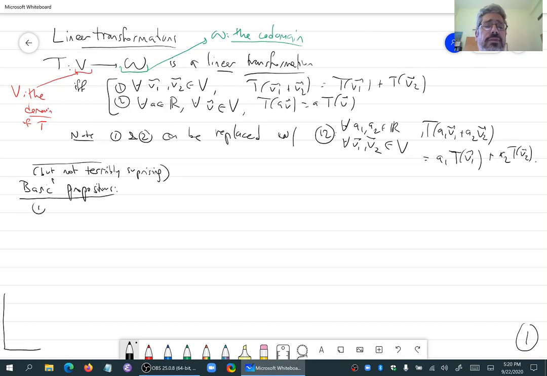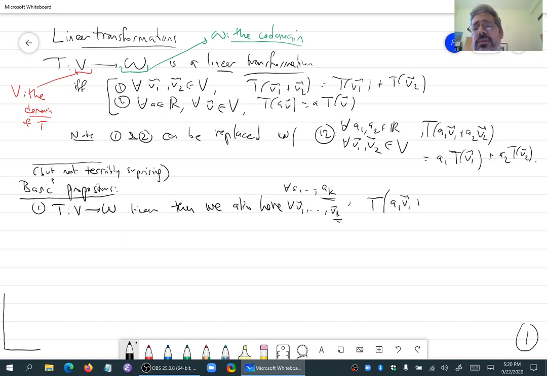Okay, first of all, if I have T from V to W given linear, then we also have, well, I should say for all A1 through AK, not just 2, and for all vectors V1 through VK, T of a linear combination A1 V1 plus dot dot dot plus AK VK is A1 T of V1 plus dot dot dot plus AK T of VK.